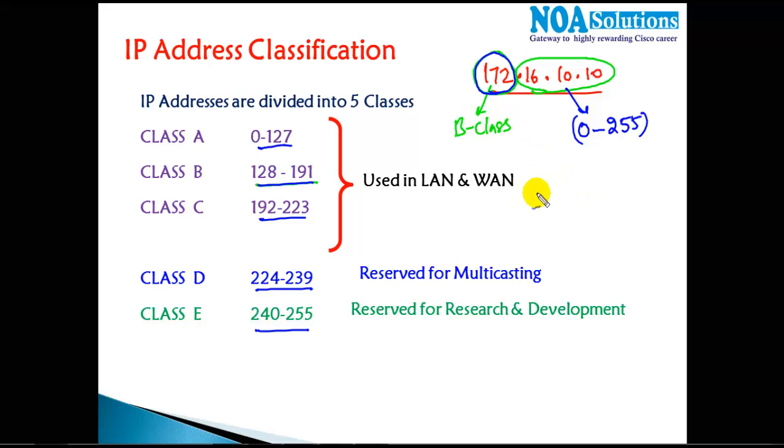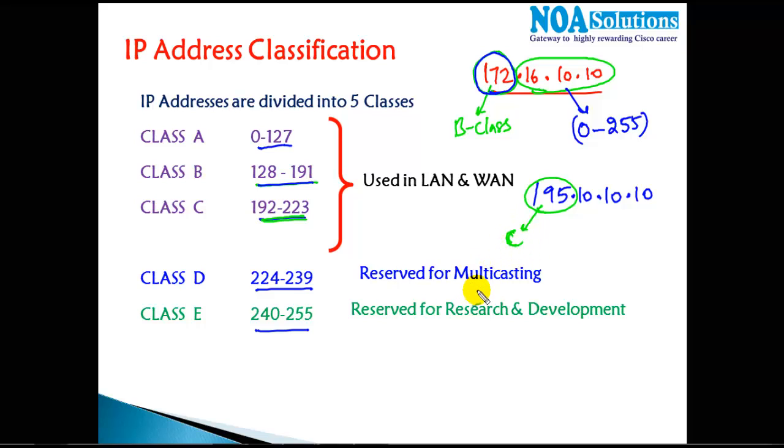Similarly, let me take one more example, 195.10.10.10. Now which class does this address belong to? 195 is in between 192 and 223, so it's a C class address.